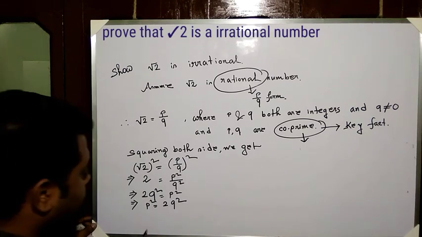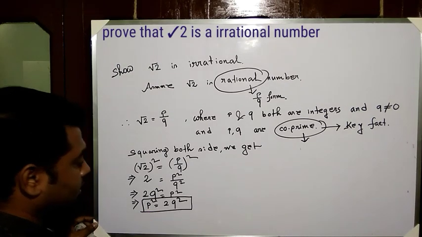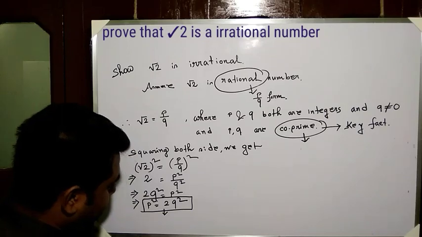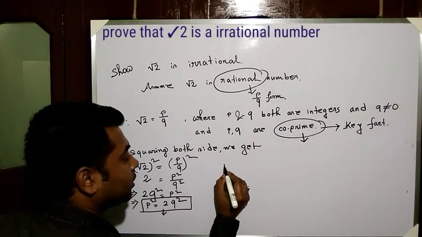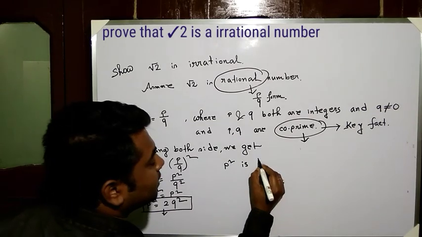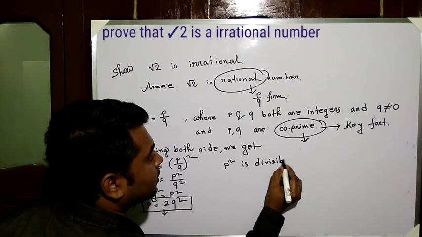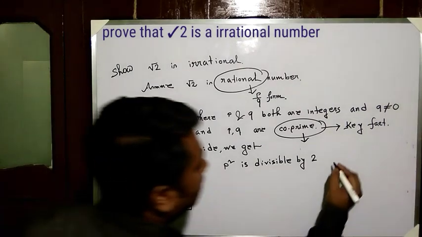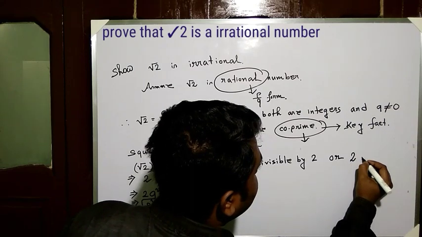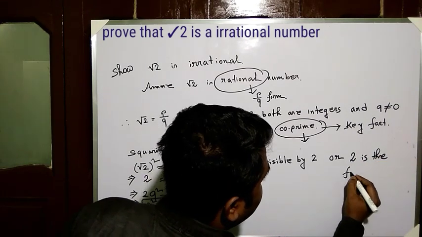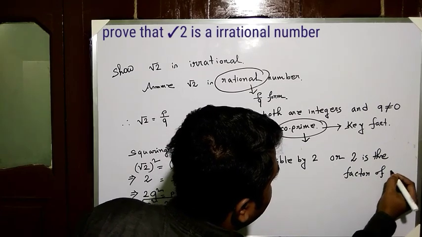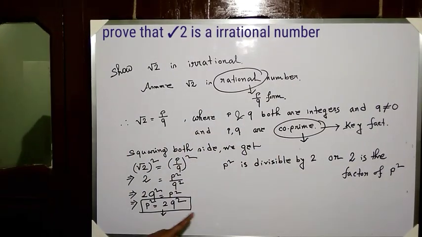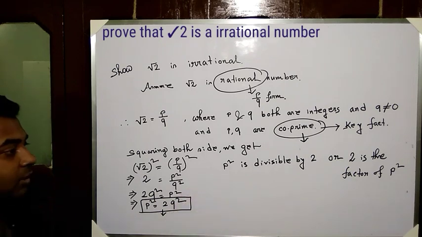Okay, so from this line what we can say, if you simplify it more, p square is divisible by 2, or you can consider like this, 2 is a factor of p square.